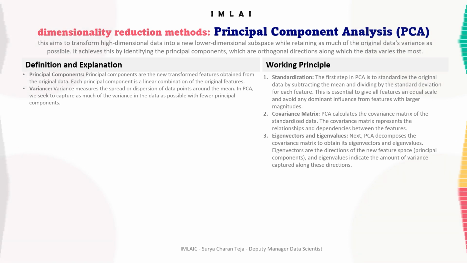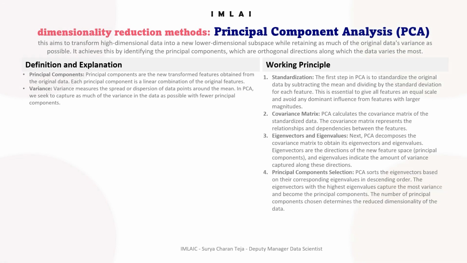The number of principal components chosen determines the reduced dimensionality of the data. That's the principal component selection step. Then the final step is projection. The original data is projected onto the new subspace spanned by the selected principal components. Each data point is represented by its lower dimensional coordinates in the principal component space.